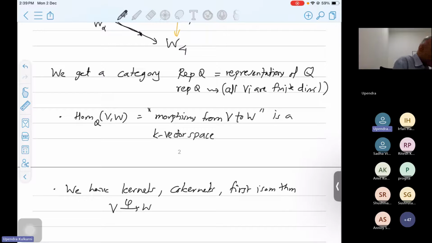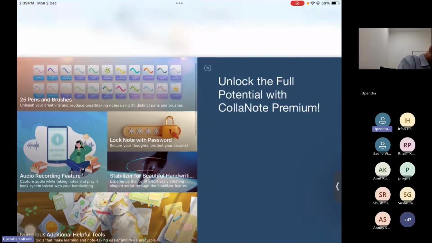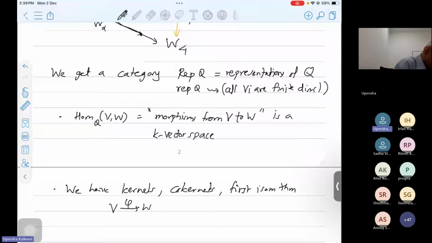So you see, now I'm just writing it as if it's a vector space, but it really is understood that when I write this V, there is that entire graph sitting over there, and likewise for W. So if I give representations, the kernel of phi.